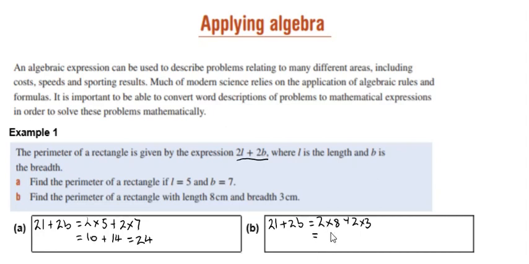So we have 2 lots of 8, which is 16, 2 lots of 3, which is 6. So 16 plus 6 equals 22 centimeters.